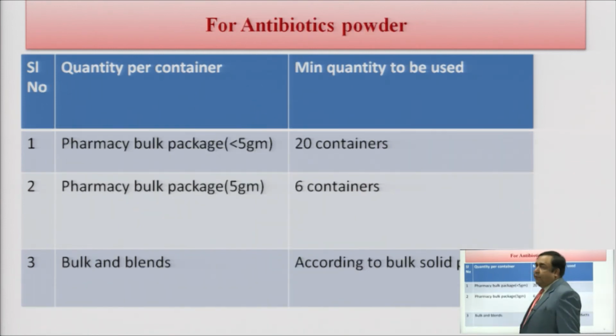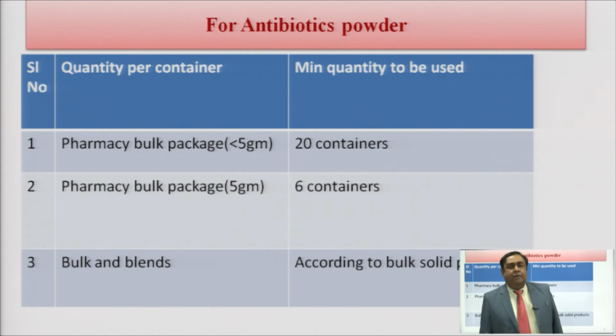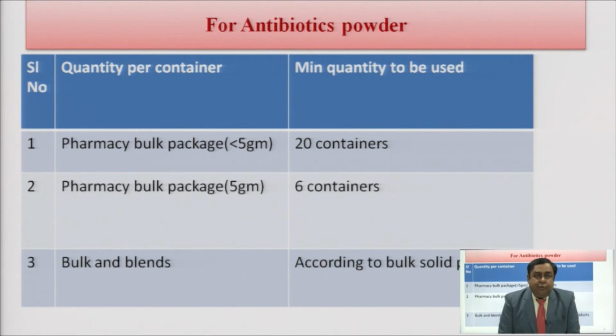If it is an antibiotic powder, if it is a pharmacy bulk package less than 5 grams, you need to take 20 containers. If it is a pharmacy bulk package of 5 grams, you need to take 6 containers. If more than this, that is, if there is a bulk and blend, then you have to take according to the bulk solid products.